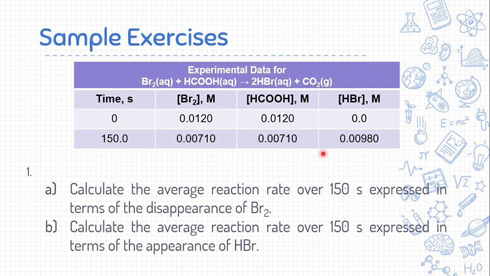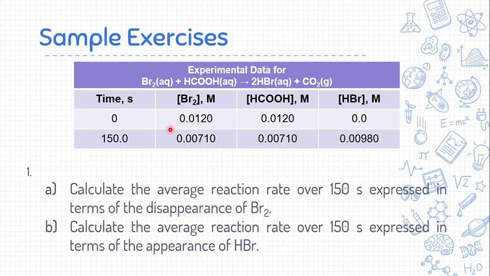Okay, so let's have a sample exercise. You have experimental data for the reaction of bromine gas and methanoic acid to form hydrogen bromide and carbon dioxide. For this particular reaction, we have this data. We have the initial and final time.